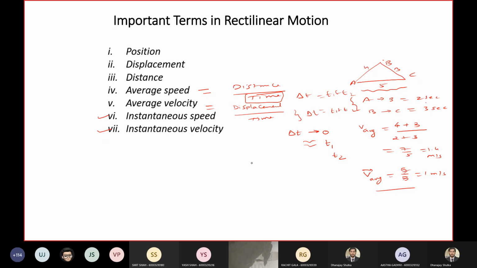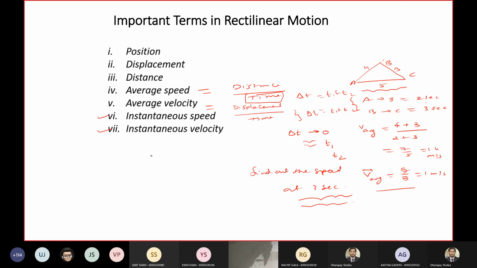Let's say I ask you to find the speed at 3 seconds. That is the instantaneous value of the speed. Find the velocity at 3 seconds, that is the instantaneous value. Are you getting me?